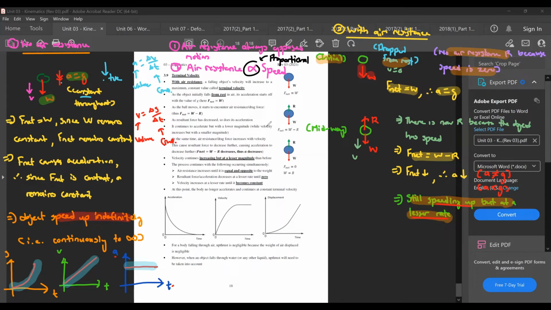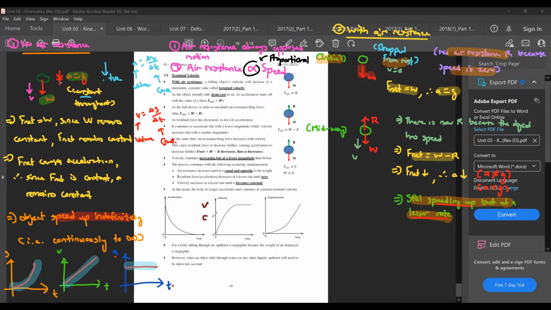If I tell you my velocity went from, for example, 50 meters per second, maybe it's better if I start from 10.